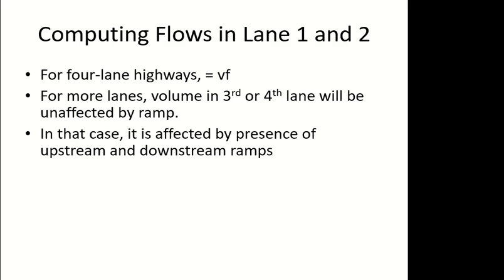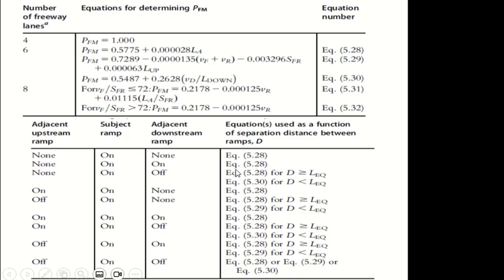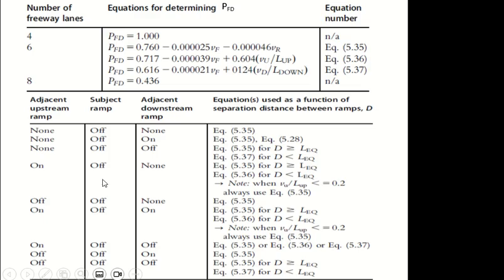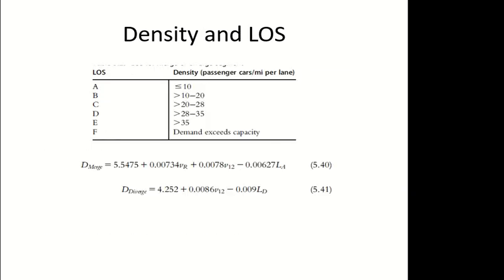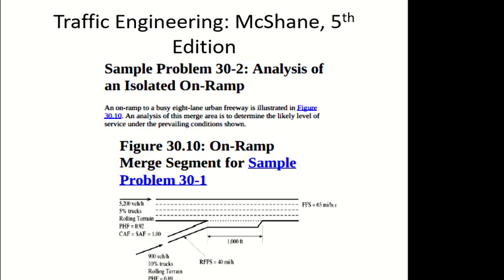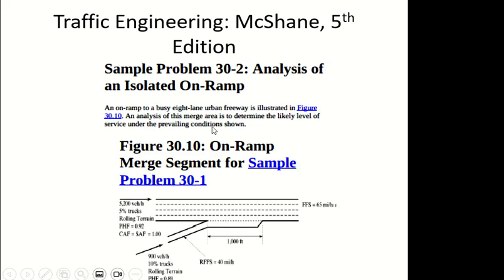If I go here, merge section, PFM, 8 lanes, I can use one of these two equations, depending on this table. Did they give me any data for the on and off ramps?